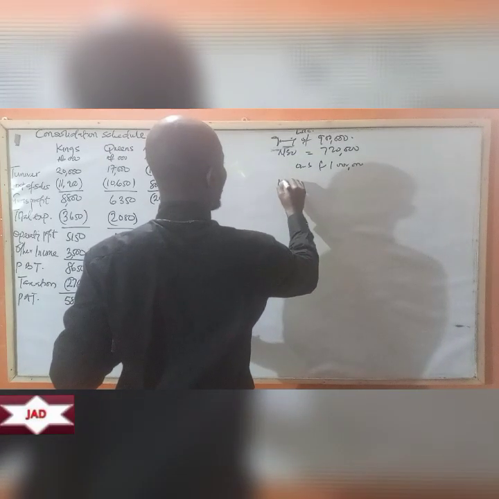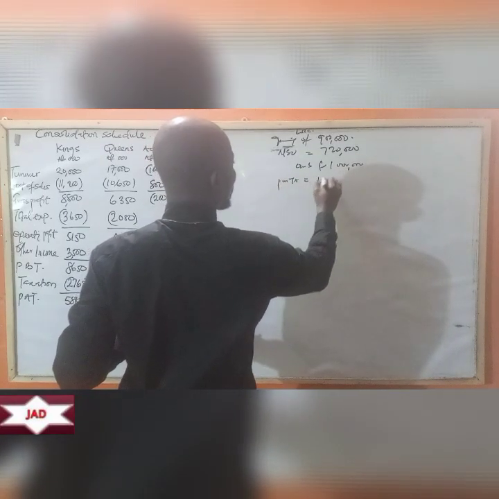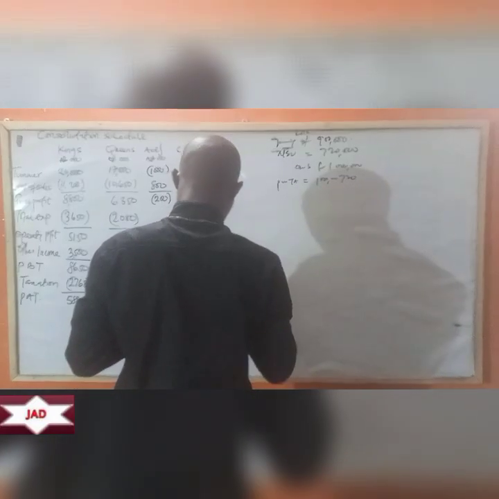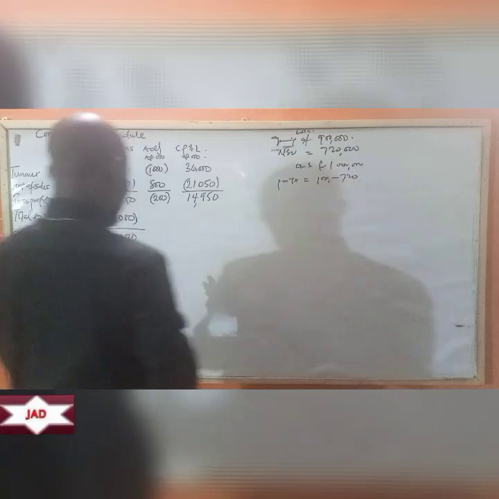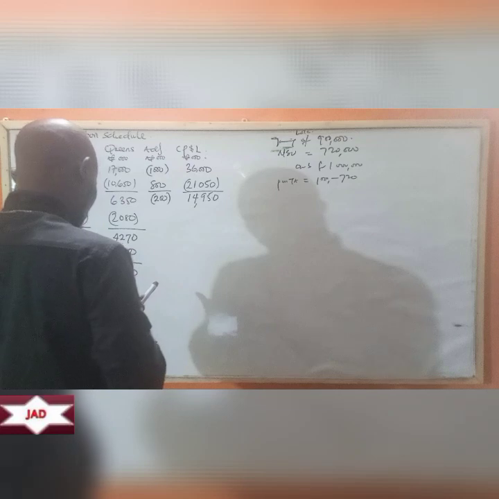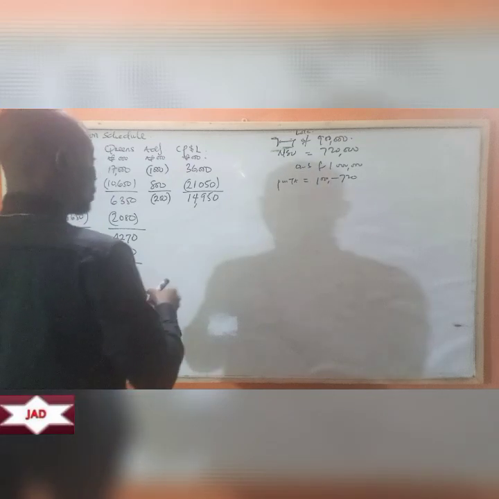The profit on transfer of the asset is 1 million minus 720, which is 280.